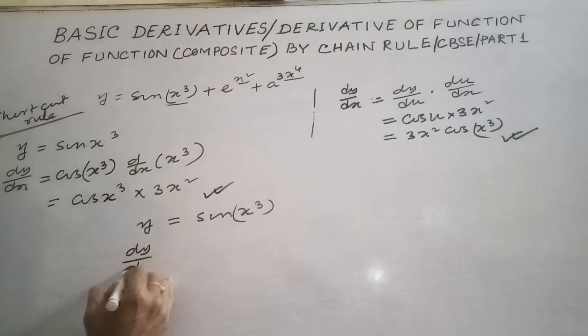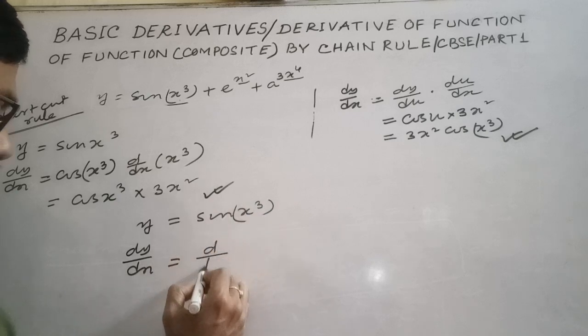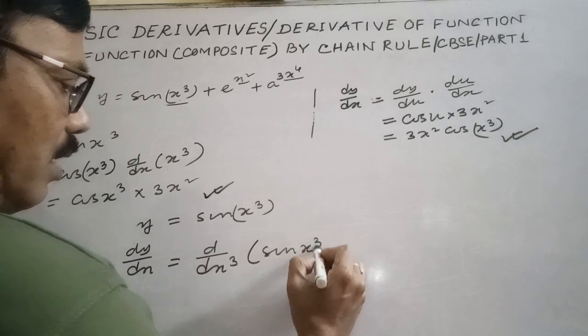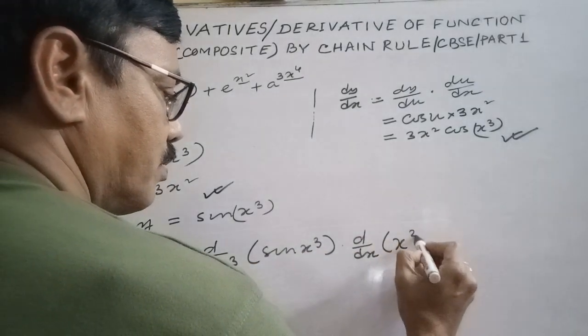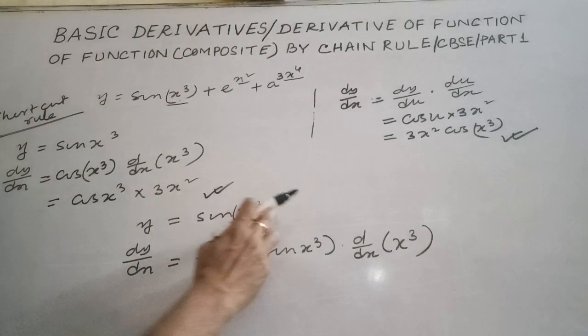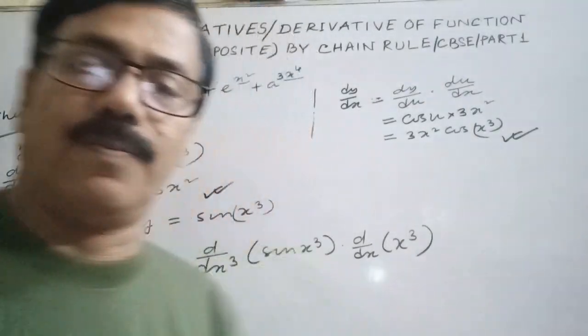dy by dx. What is the argument? The argument is x cube. So take the derivative with respect to the argument, then d dx of the argument. Actually, this one is the chain rule without taking any transformation.